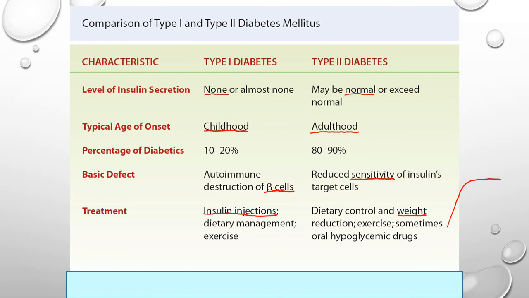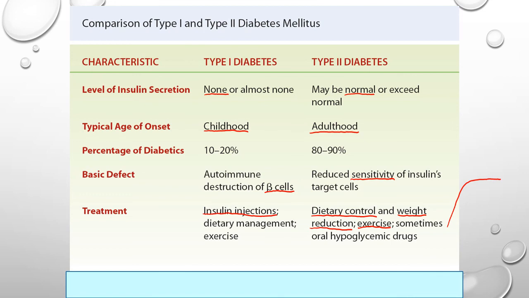This can be controlled oftentimes by just simply weight loss. And so reduce the amount of weight that the person has, get them to do exercise, so start to utilize the glucose that is in their bloodstream. That, along with some dietary changes, which is going to help with the weight loss, can lead to oftentimes a reversal of this disease.